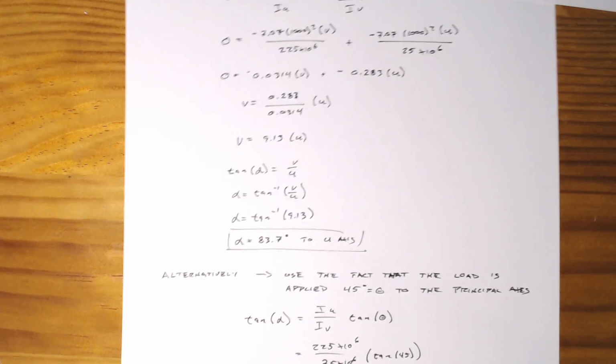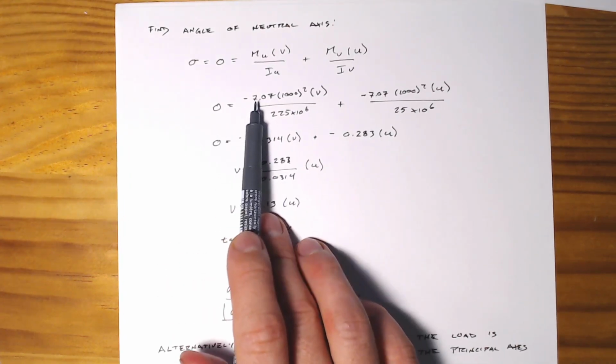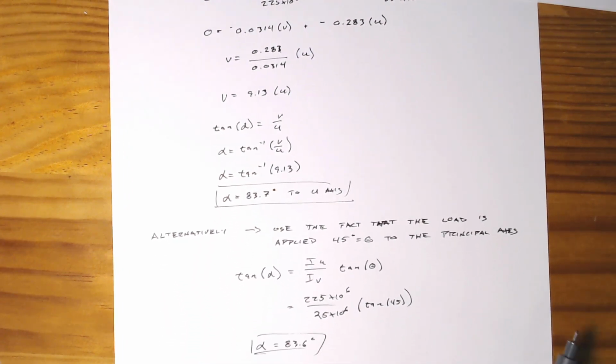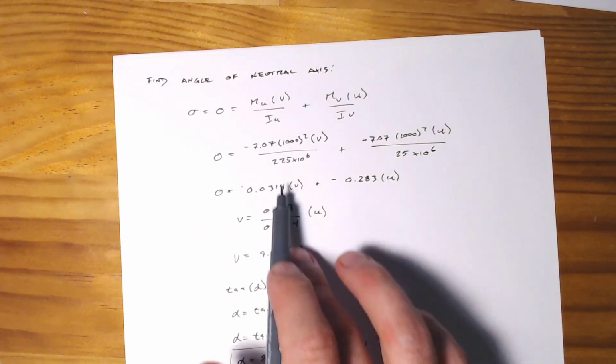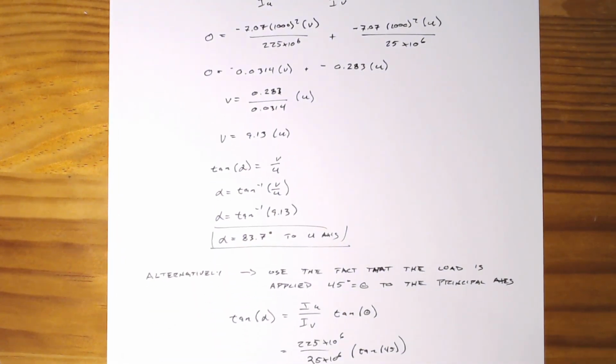So almost exactly the same. There are some slight rounding errors, obviously, with cosine of 45 degrees not quite being 7.07, but pretty close. And again, it's really just the fact that this tan of 45 degrees is accounting for the ratio of our M_u to M_v anyway, so it's effectively doing the same thing.